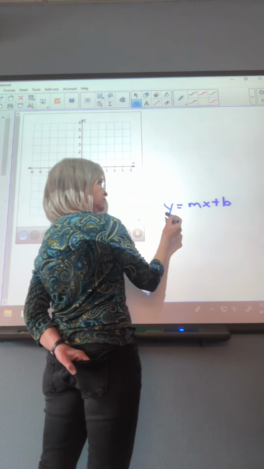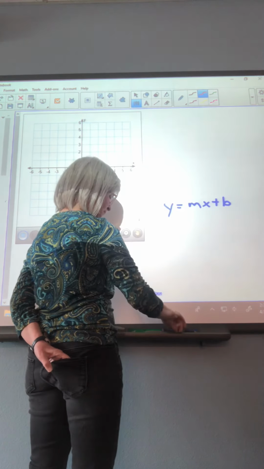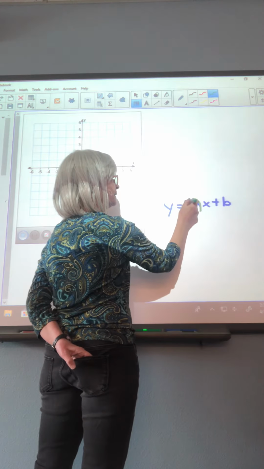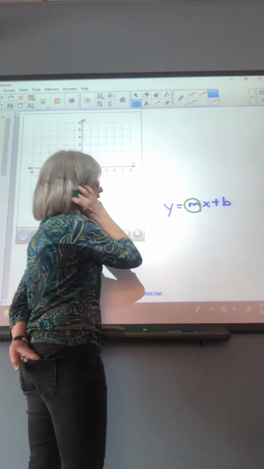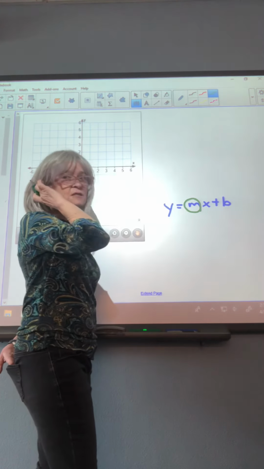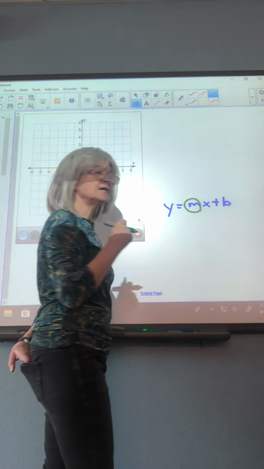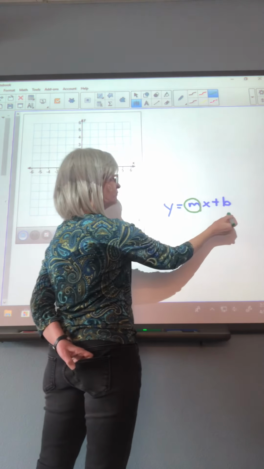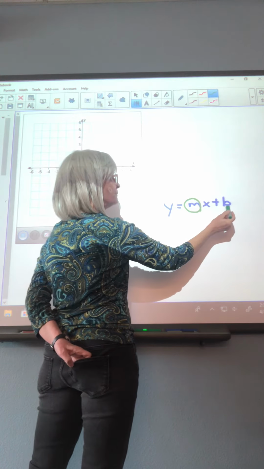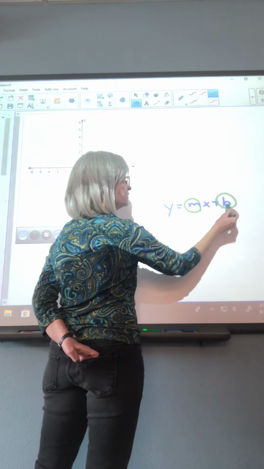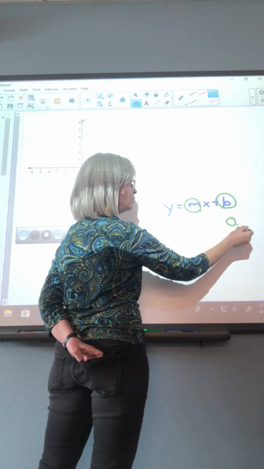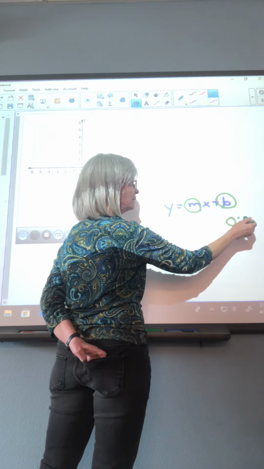So when you're writing this, it represents a few important things that you need to know. The m is going to be a number, and that m is going to represent the slope. And you could kind of tell that in the last few problems that we did and maybe a few others as well. The b is the y-intercept. The y-intercept, remember, is going to have 0 as a coordinate and then some number.